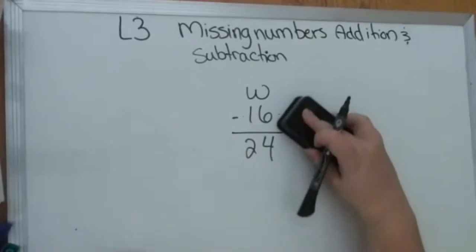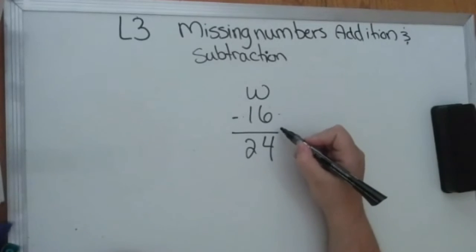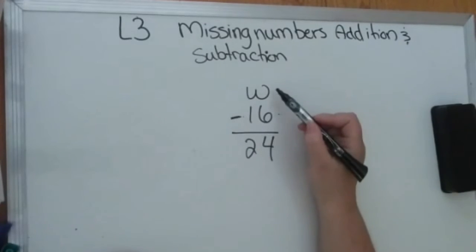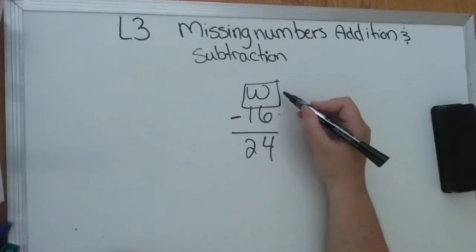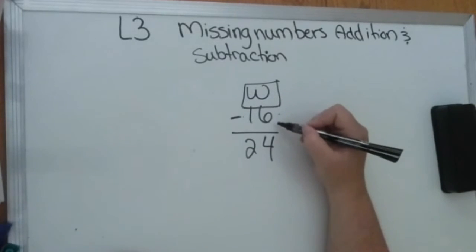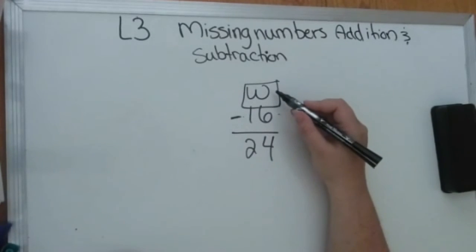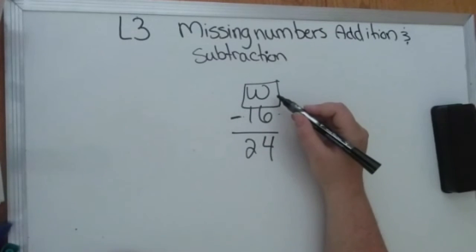Now, you can do the inverse for subtraction if it is the biggest number you are missing. If it is not the biggest number you are missing, and it was in fact 16 instead, you would not be able to do addition, because then you'd be getting a bigger number than this one. This top number has to be the biggest. If it is not the biggest, you cannot subtract.